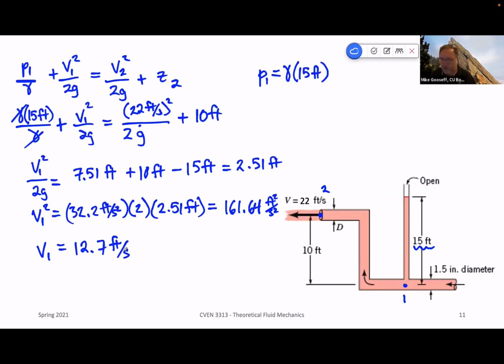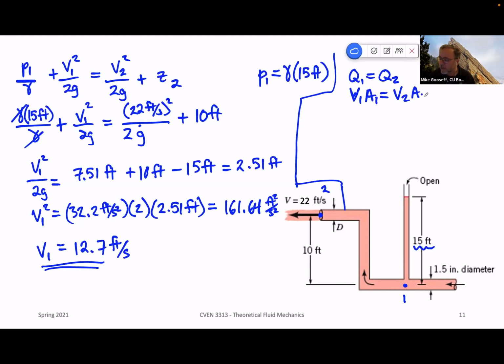I did not give myself another slide for this, so that's okay. The last bit of this is fairly straightforward. Now we have a V1, so we should be able to calculate a Q1. We said that Q1 is equal to Q2, so V1 A1 is equal to V2 A2, and we know V1 and V2 now.